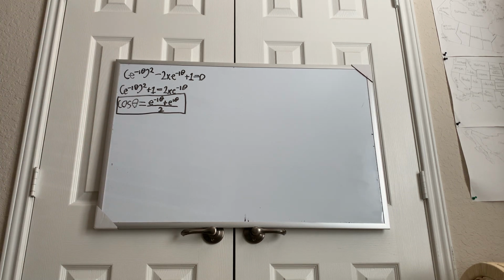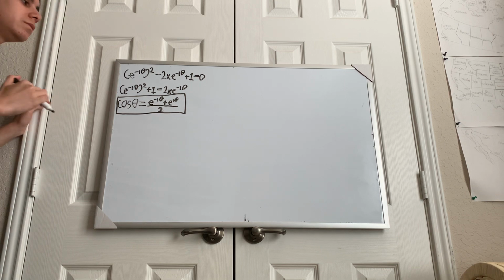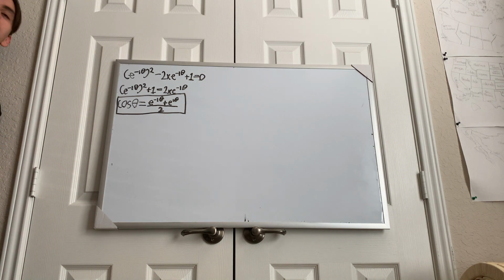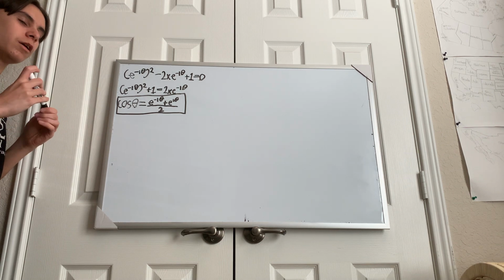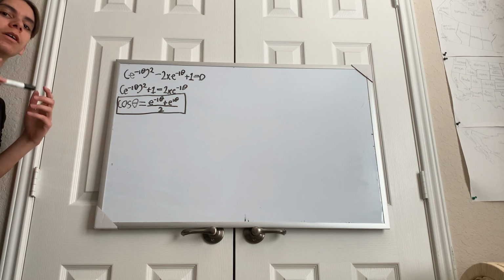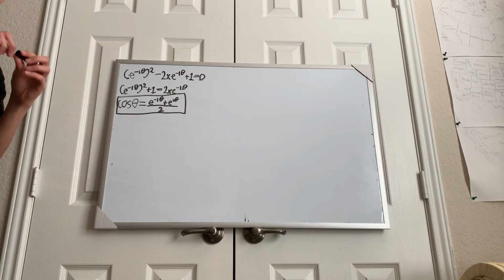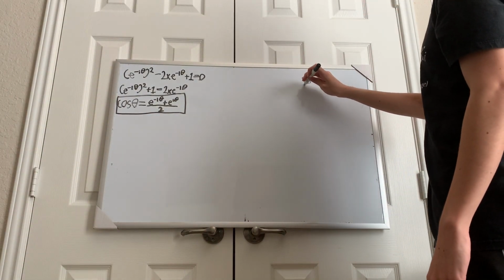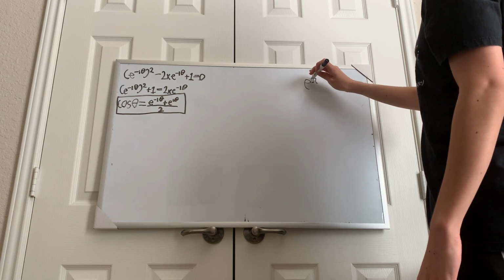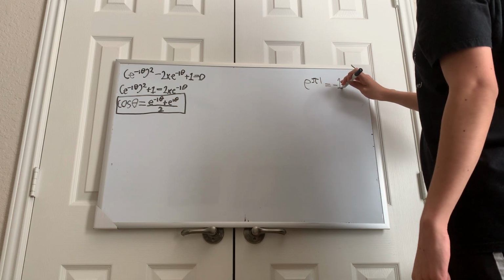So, you can notice that this works because if you plug in 0, then you find that e to the 0 plus e to the 0 over 2 is just 1 plus 1 over 2, which is 1, and that's cosine 0. And if you plug in, let's say, pi, remember from Euler's famous theorem, or Euler as it's correctly pronounced, e to the pi i is equal to negative 1.